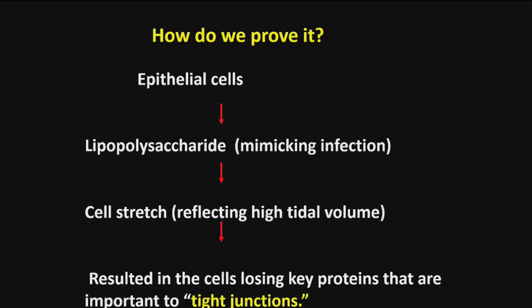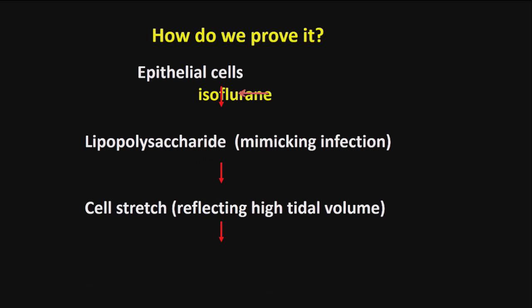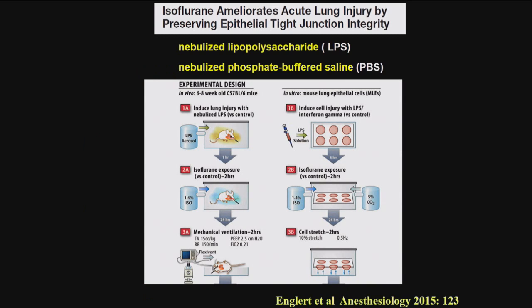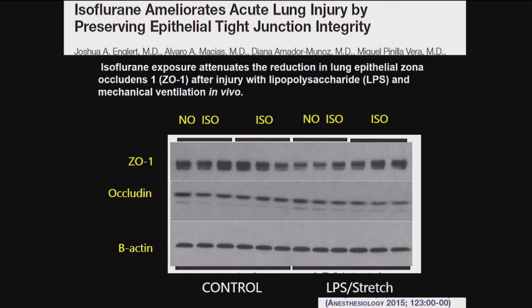It's a very important protein. But it appears that if you use isoflurane with this model, you don't lose the tight junction. And I'll show it to you here, they did it in mice. So here it is, take a look. This is the occludin zone 1 that I talked about, the amount of this protein that keeps the cells together.